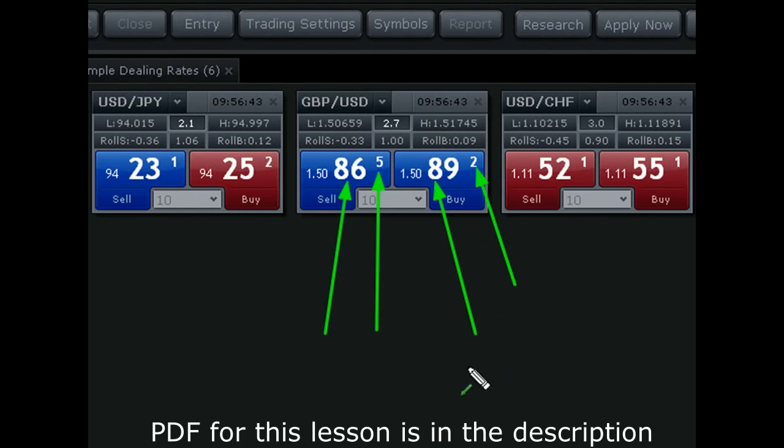So just remember that the 4th decimal place is the whole pip, and the 5th decimal place, which are showing here as small numbers, are fractions of a pip. Obviously it goes up from 1 to 10, so each number is 1/10 of a pip. So this 5 is 5/10 of a pip, so it's half a pip, and this 2 is 2/10 of a pip.